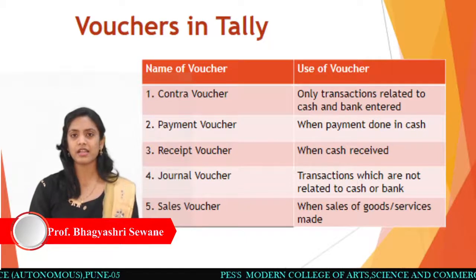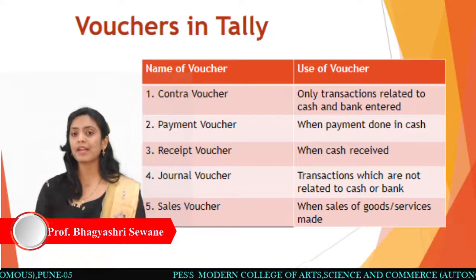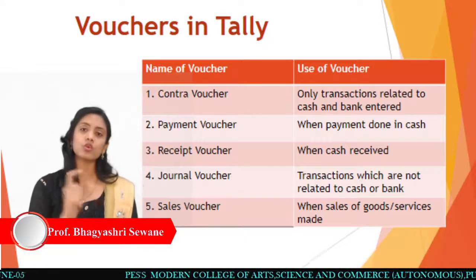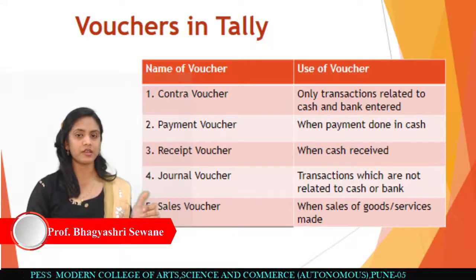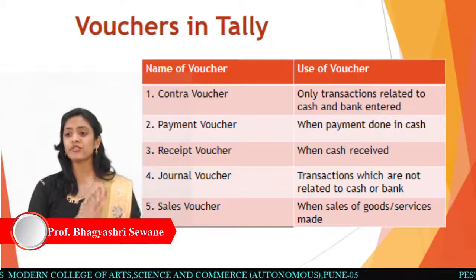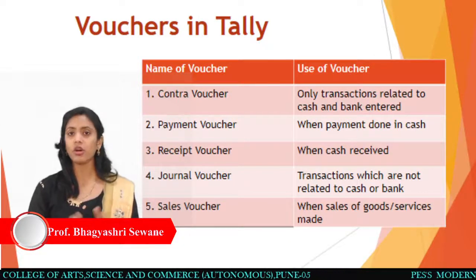No cash or bank account is debited there. When no cash or bank account is debited, at that time you can use the journal voucher, for transactions which are not related to cash or bank at all.